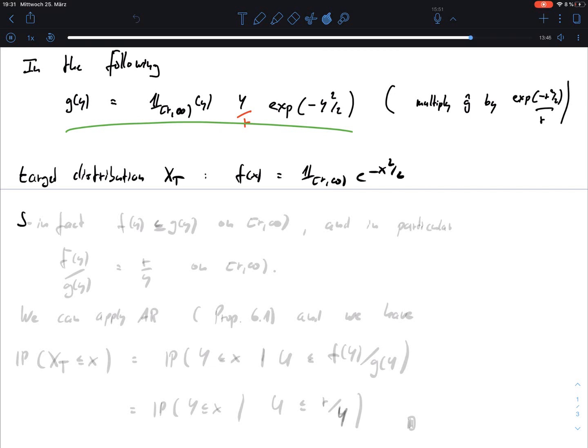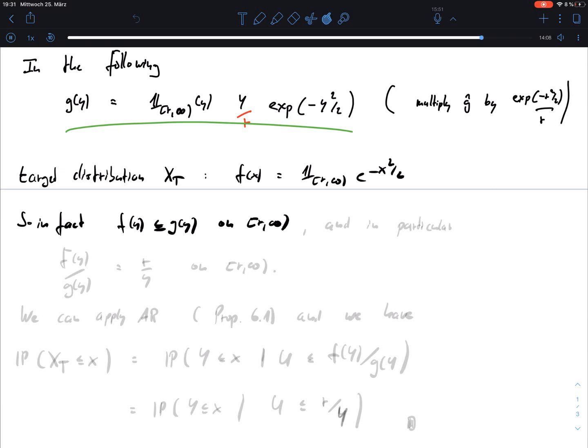And what we have nicely by construction, so it's one of these backdoor proofs, is that f of y is less or equal than g of y on r to infinity.